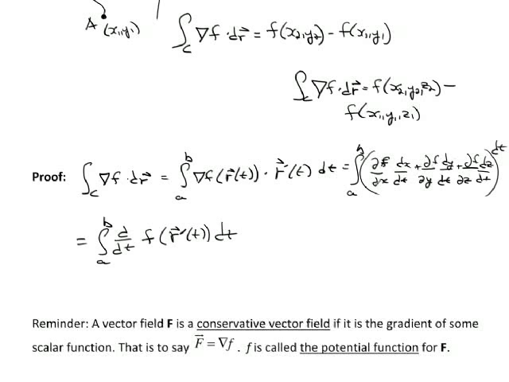This is all this is really saying, but that's going to be equal to f of r of b minus f of r of a by the definition of an integral, which is exactly what we're trying to prove for the fundamental theorem for line integrals.